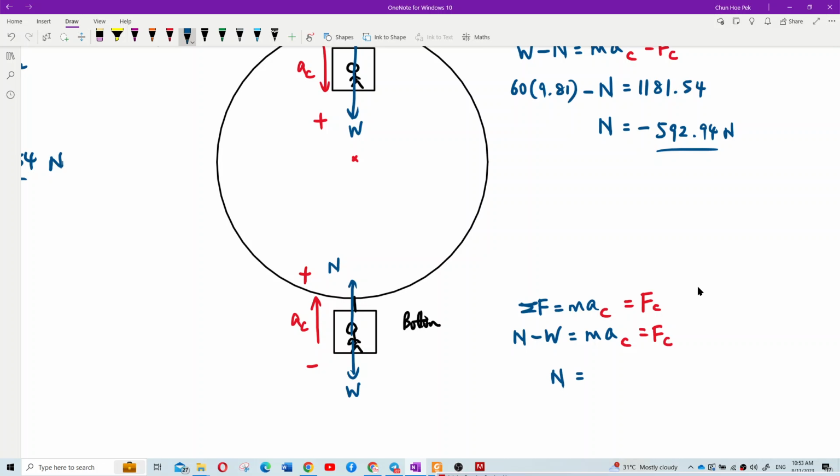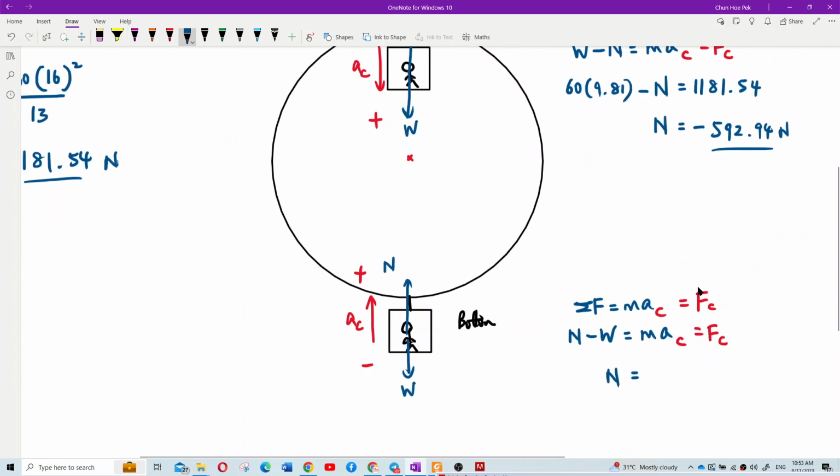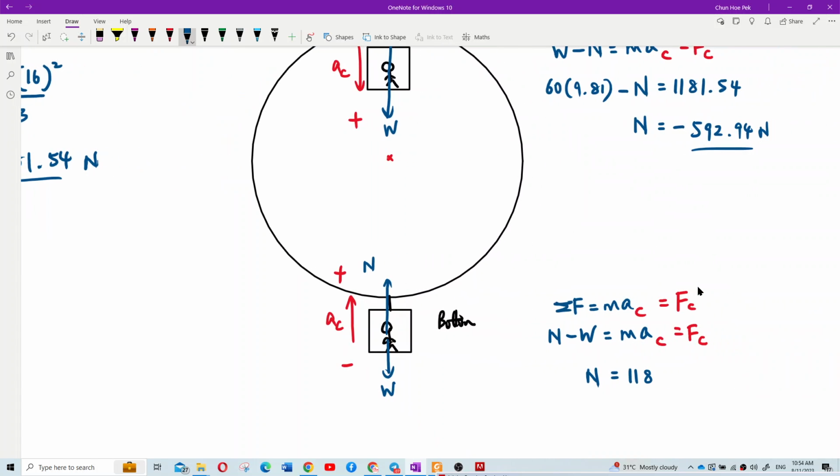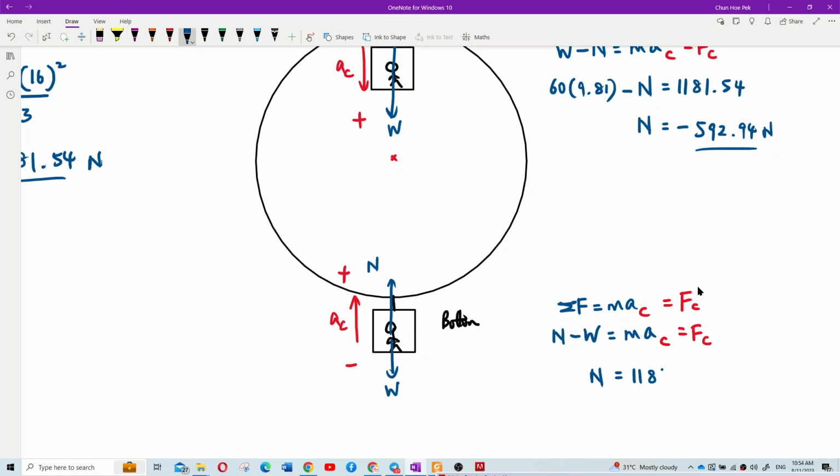For the bottom, the normal force equals 1181.54 plus the weight. The weight is 60 times 9.81.